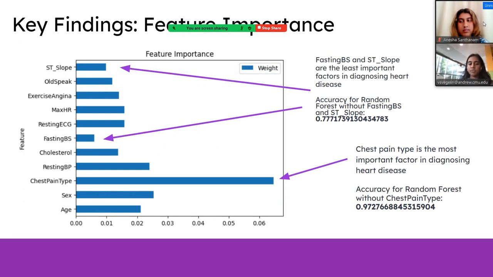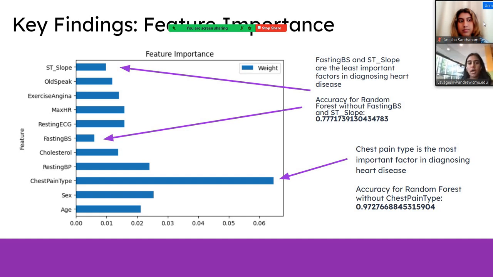Given that random forest is an ensemble learning method, it was important for us to also do feature importance to see which feature was affecting our data the most. Feature importance scores indicate how much each feature contributes to the overall performance of the model when predicting. So the higher it was, the greater impact it had on our model's prediction of the classification.